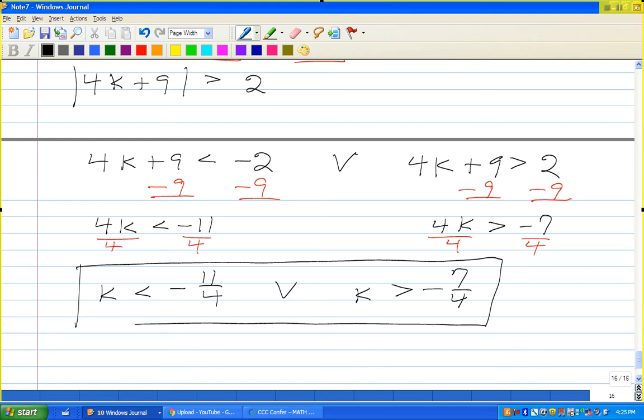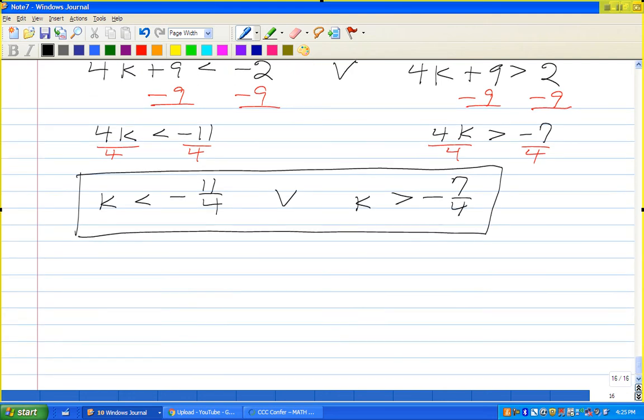So let me graph this. So k is less than negative 11 over 4, or bigger than negative 7 over 4.